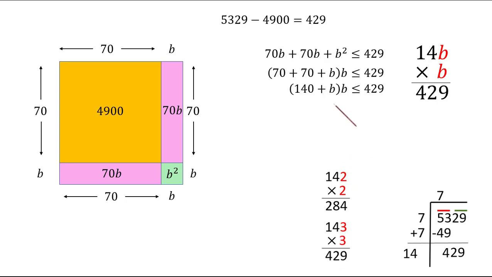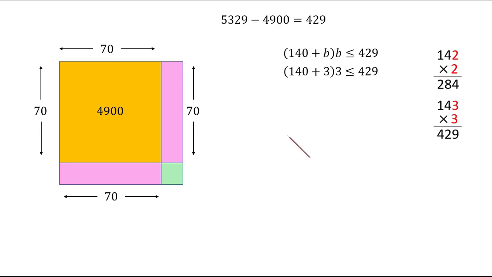So that tells us that b should have a value of 3. So this should be 3. So now we know that b is equal to 3. 140 plus 3 is 143, 143 threes is 429, and we get both the sides equal. If we get it equal, it's a perfect square.